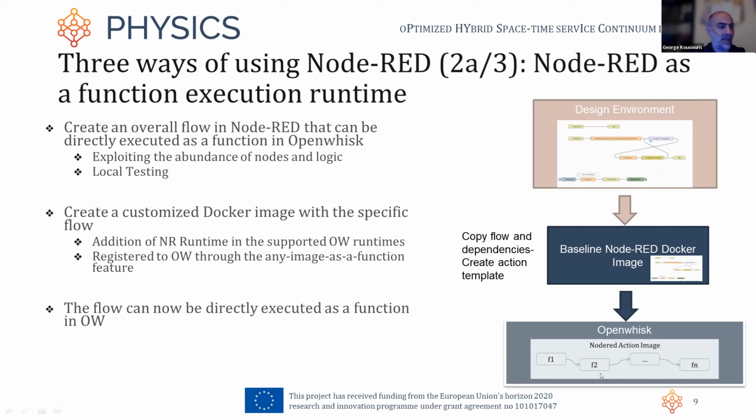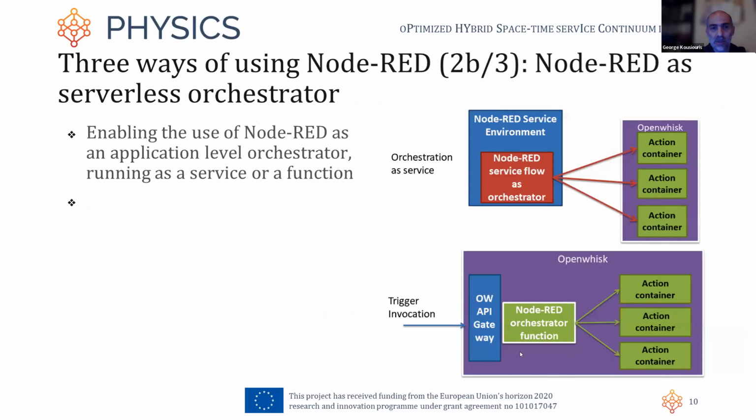This, of course, has another trade-off. First of all, the image is larger than a typical Node.js image, for example, but it also doesn't have a lot of parallelization abilities, given that all the functions are executed inside the same container. So a variation of this way of execution is to enable the use of Node-RED as an application-level orchestrator.